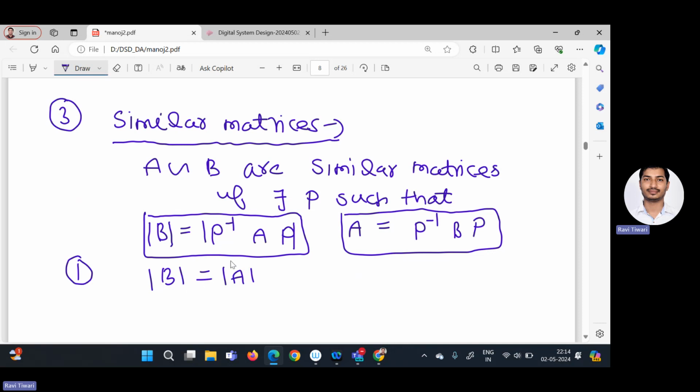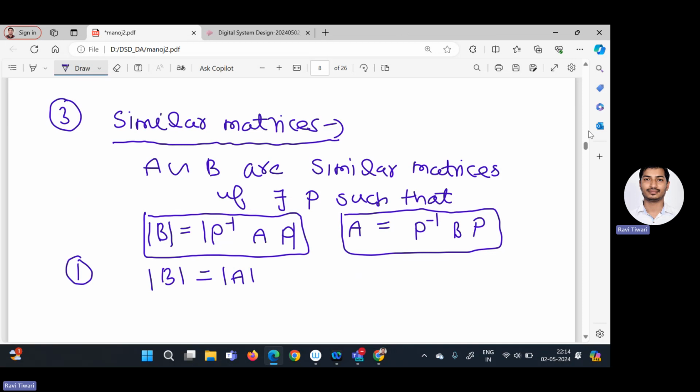If A and B are similar matrices, then A and B have the same characteristic equation. By the characteristic equation, we can calculate eigenvalues. If the characteristic polynomial is the same, then the eigenvalues of A and B are the same, and hence the trace of A and B is the same, but we cannot claim the eigenvectors are the same.